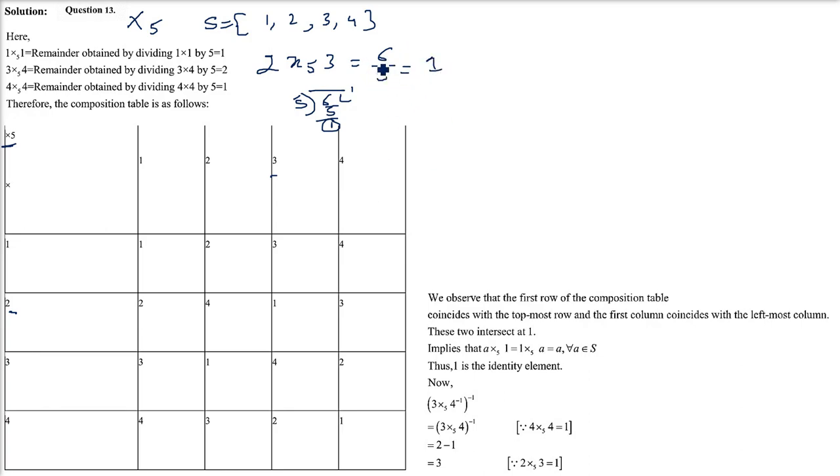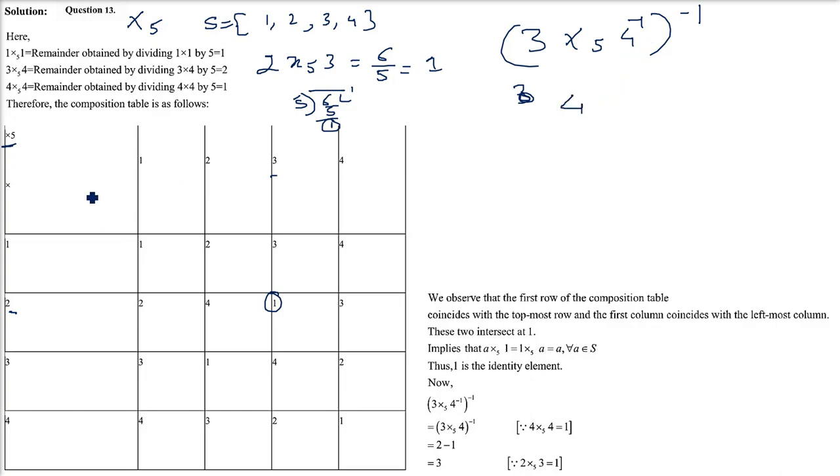Now the question is asking about the inverse, but there is an expression. So what is the expression? This is 3 x5 (4 inverse), and then the inverse. So what is the 4 inverse? As I said, this is multiplication, so the identity element will be 1.